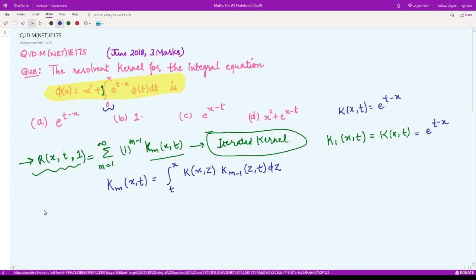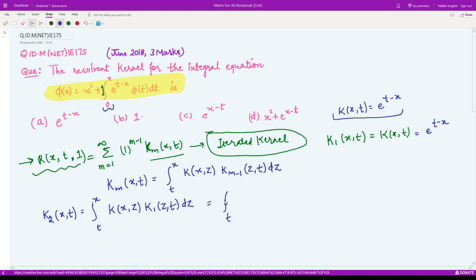So let us calculate the second kernel K_2(x,t). It would be the integration from t to x of K(x,z) K_1(z,t) dz, because we are calculating the second kernel.